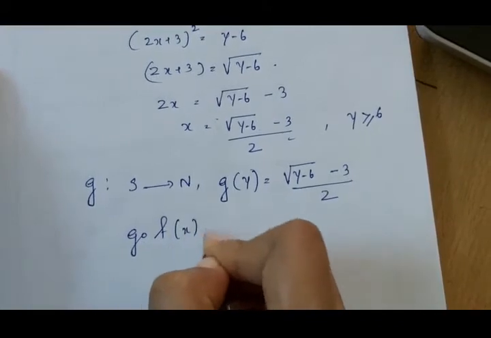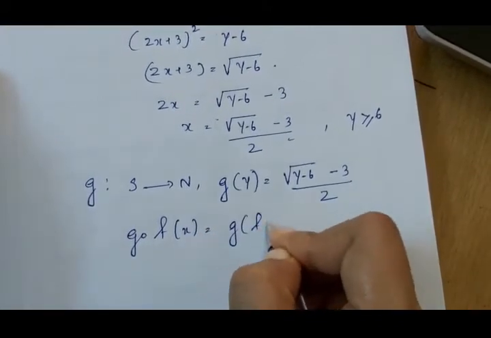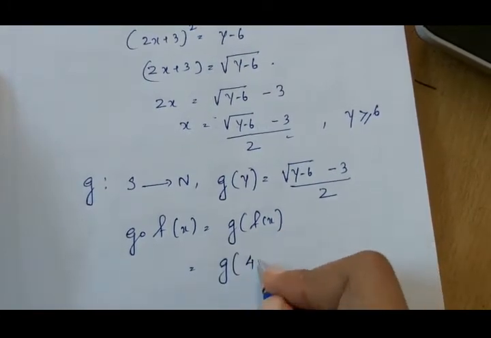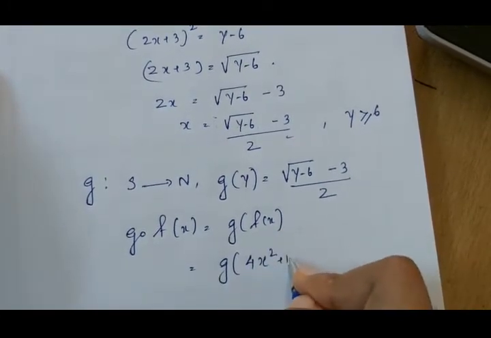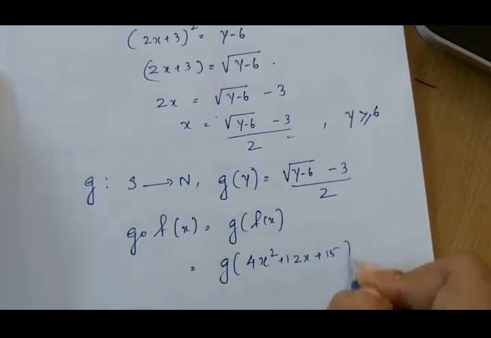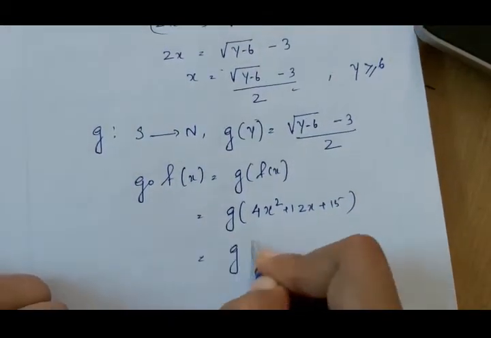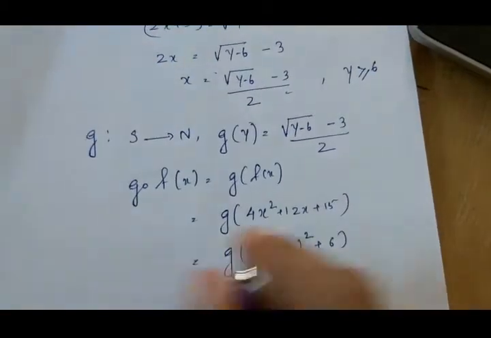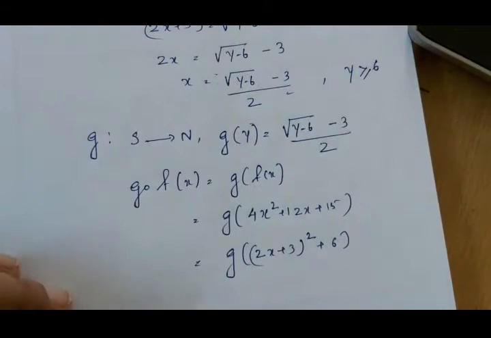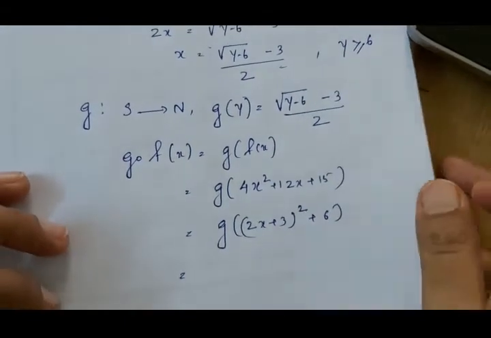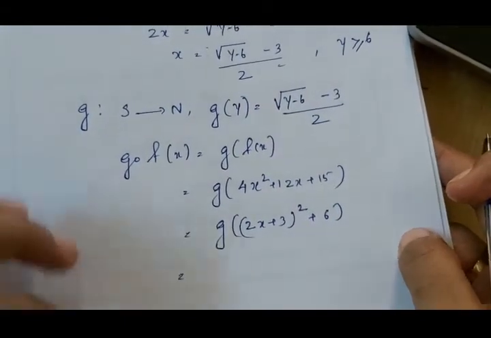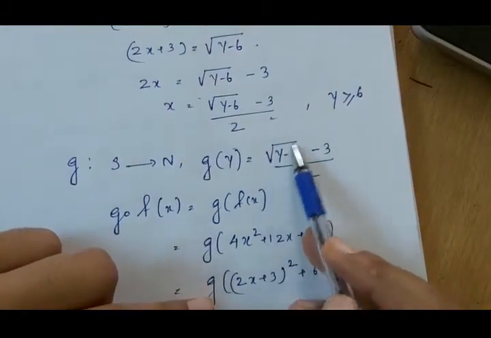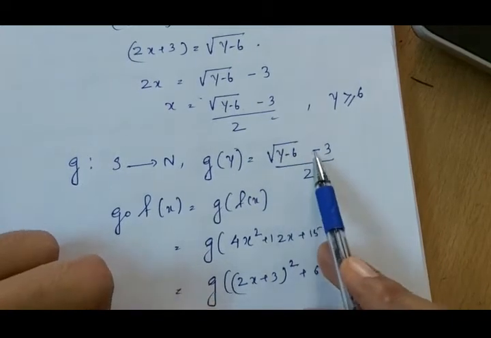Then what is the composition? G composition f of x is equal to g of f of x, which is equal to g of, what is f of x? 4x square plus 12x plus 15. We rewrite it as g of 2x plus 3 the whole square plus 6. Next, g of y is equal to root of y minus 6 minus 3 divided by 2.